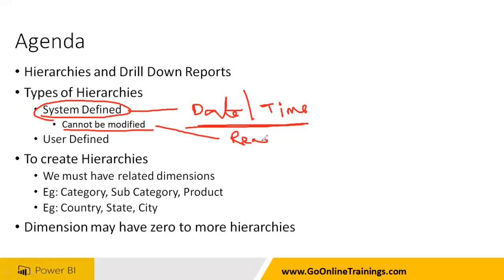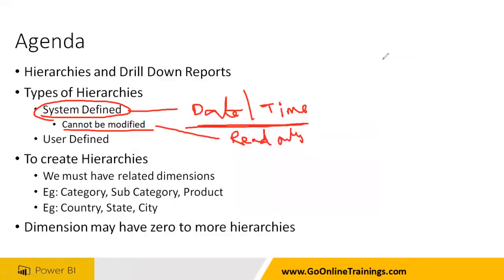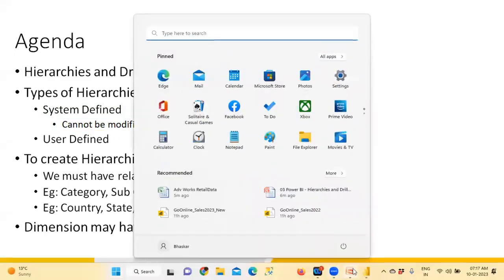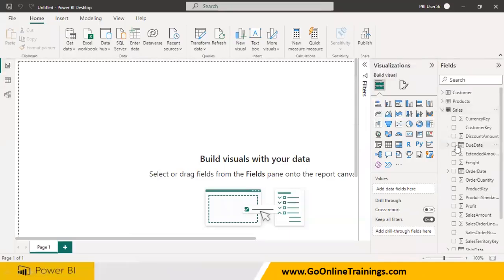If I wanted to modify this, can I modify? You will not be able to. Let me show you in Power BI. Let me clear this and go to Power BI Desktop. I had one due date column, so there is a hierarchy. In this hierarchy you have year number, quarter number, month and day.